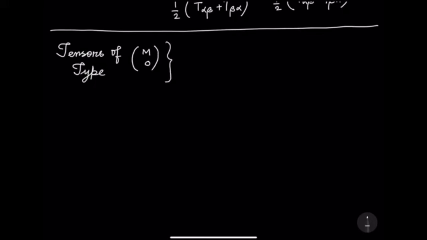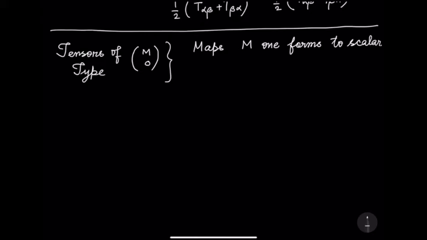So what are these? Remember that the tensors of 0 n map n vectors to a scalar. These map m one forms to a scalar. And the linearity property is still there.